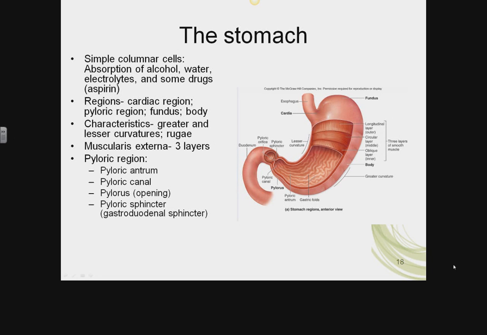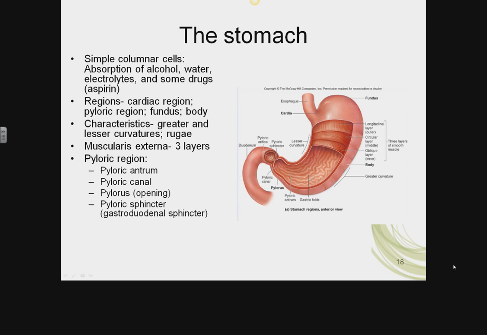Surrounding this pyloric orifice is a thick ring of circular smooth muscle called the pyloric sphincter. The pyloric sphincter regulates the entrance of chyme into the small intestine by closing upon sympathetic innervation and opening upon parasympathetic innervation. We know that, right? More gut motility, parasympathetic division has more control.